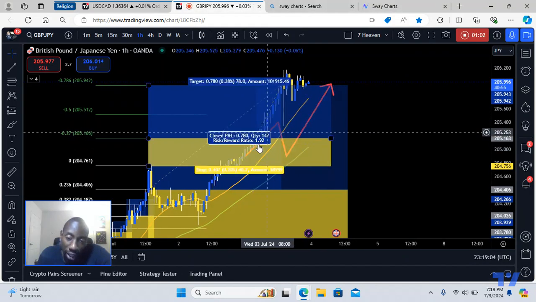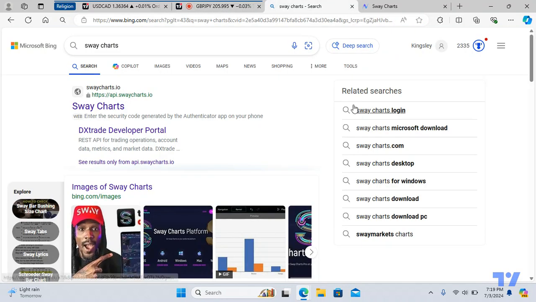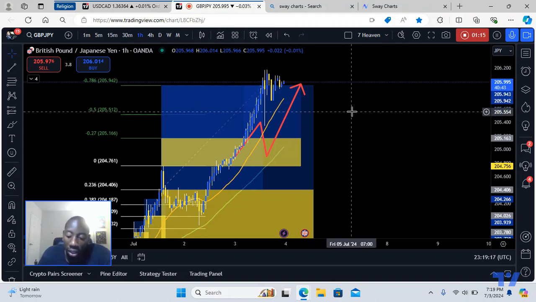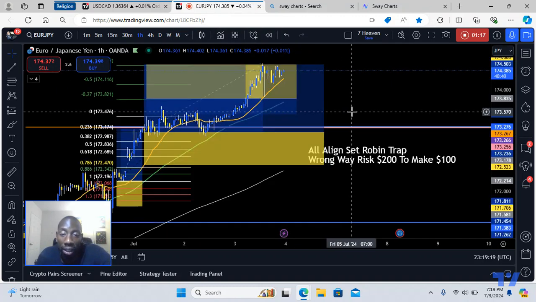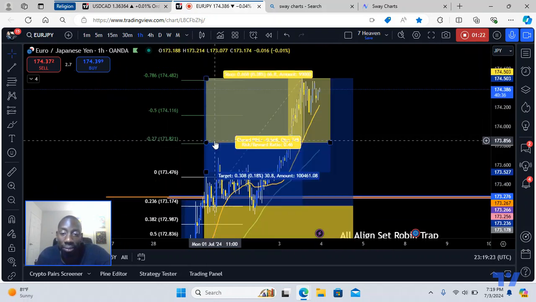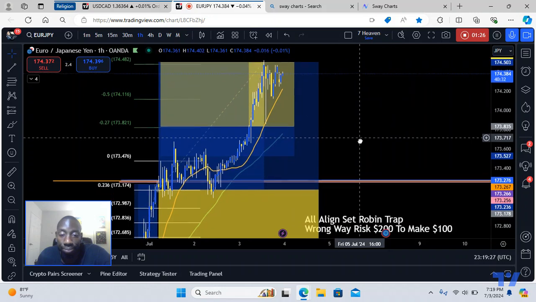We risked $50 to make close to $100, which we succeeded, right? And then on this one, we were risking 200 to make 100 on this pair right here, and we got stopped out, right? And that's all good in the hood.